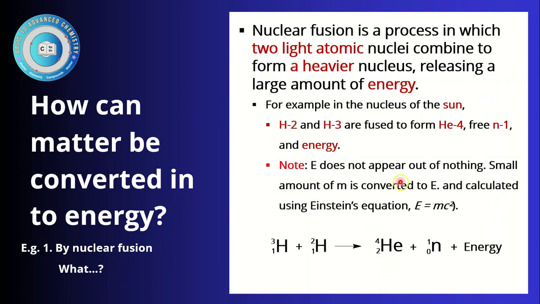Energy does not appear out of nothing. A small amount of mass is converted to energy and calculated using Einstein's equation, E = mc². So, the missing mass in this reaction is converted to energy. So what does it mean? Matter is converted to energy.